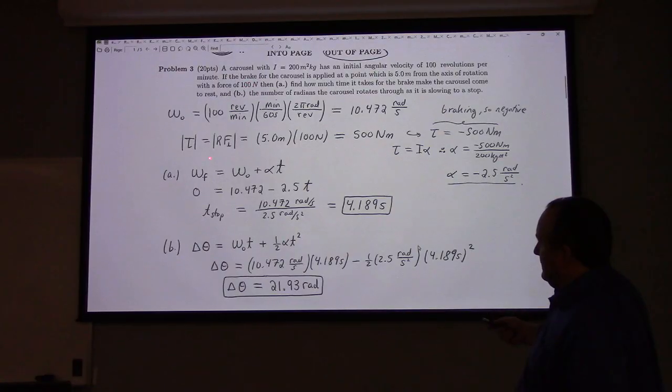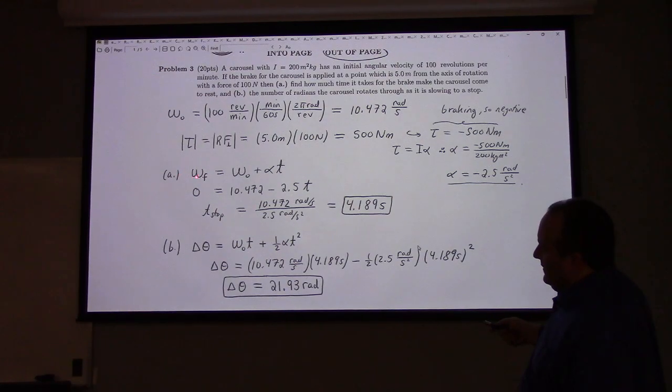So I just take radius times force, and I get 500 newton meters. Now, torque is I alpha, right? So it's negative because it's a braking force. So I put that into play here. This is magnitude, so minus 500 newton meters is the torque, which gave me an angular acceleration of minus 2.5 radians per second squared, because torque is I alpha.